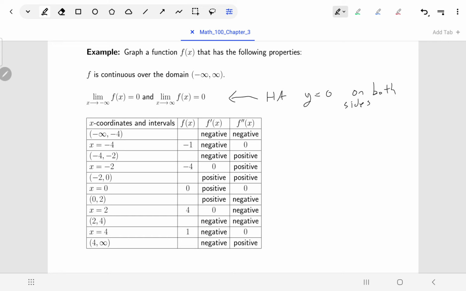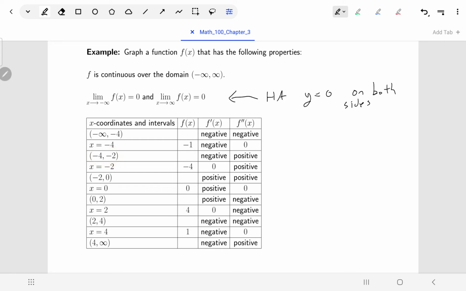And then in our little table that we've got here, this first column, be careful, we have either x-coordinates being given or intervals. So when we see something like this, negative 4, negative 2, that is not a point that's on our graph. That would be an interval of x values going from negative 4 to negative 2.